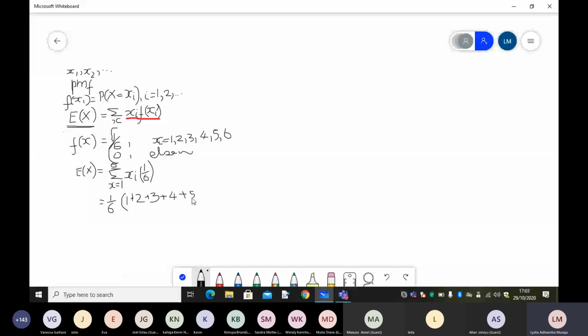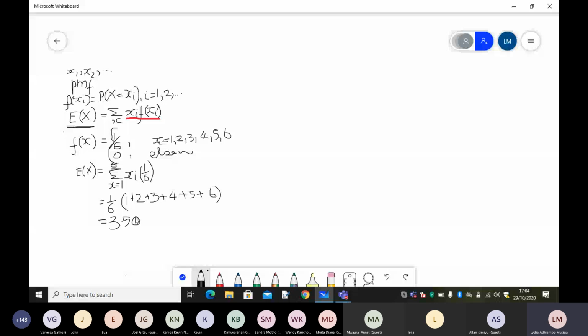And if we perform this addition and multiply by 1/6, we get 3.5. So the gambler expects on average to get 3 shillings and 50 cents.